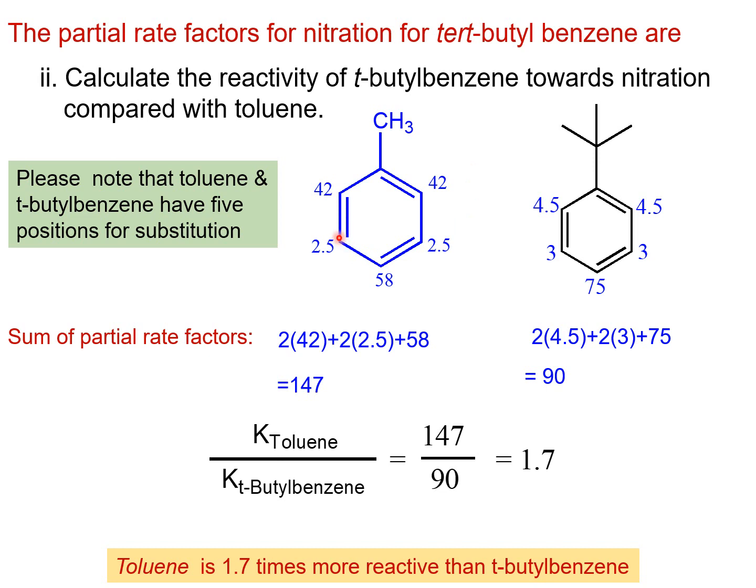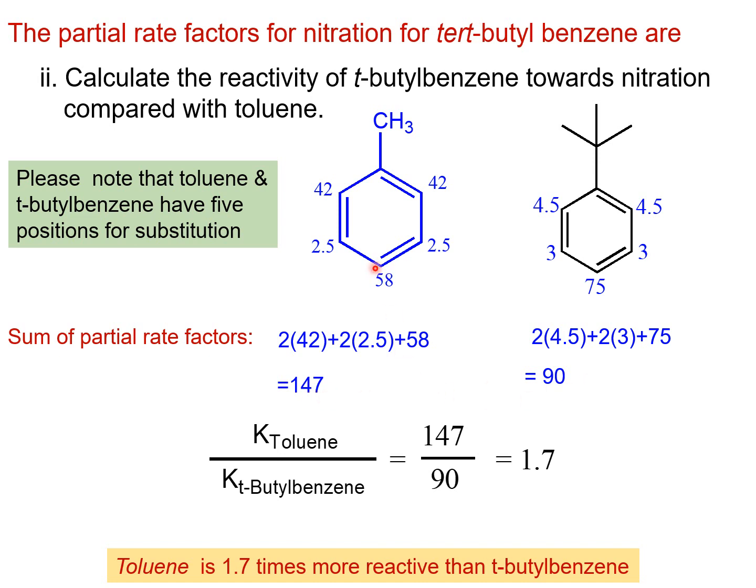The partial rate factors for the toluene are found to be 42, 2.5 and 58 for ortho, meta and para position. You have to just take the sum of all the partial rate factors for the toluene and tertiary butyl benzene, and it is found to be 147 and 90.